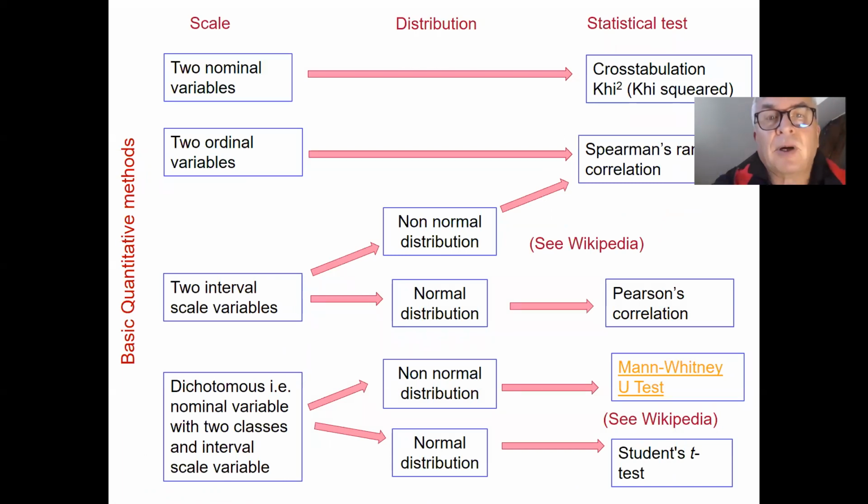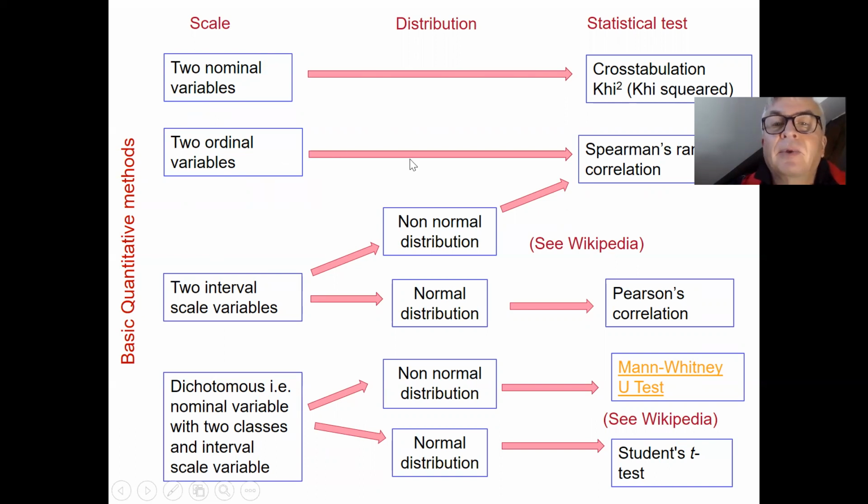And now I'm getting very close to the finale here. We have gone through this. So this is basic quantitative methods are scale dependent. If you have two nominal variables, you can do the cross tabulation and chi-square.